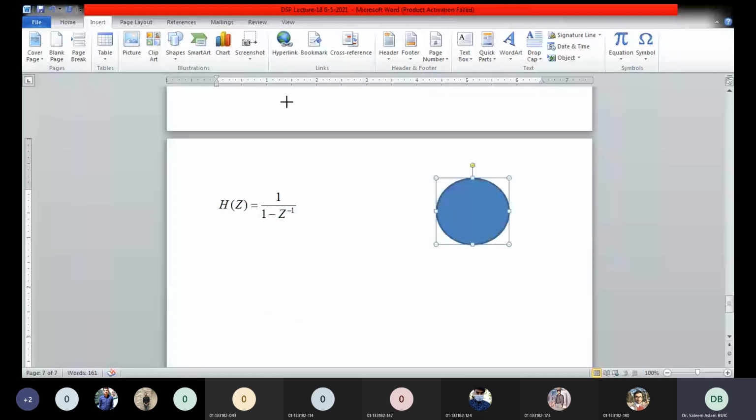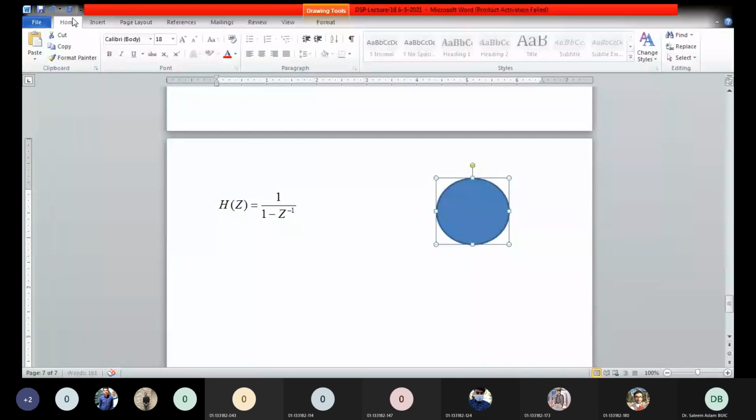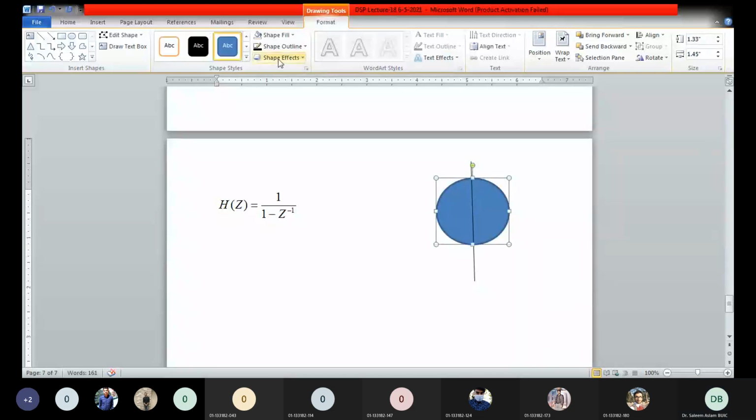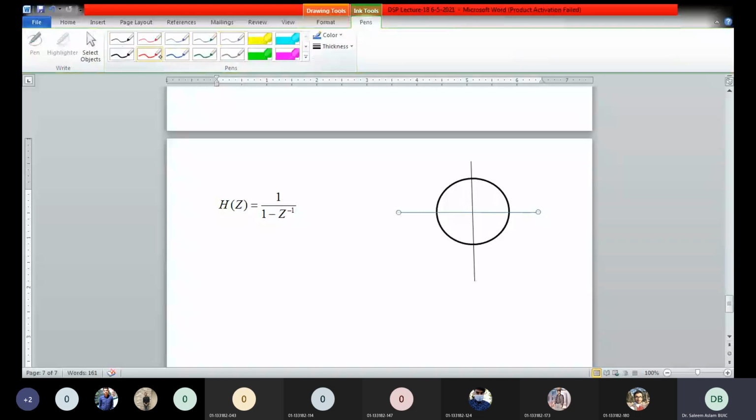The pole zero diagram would be like this. So you have one pole here.